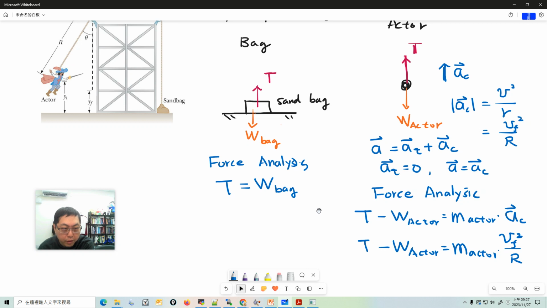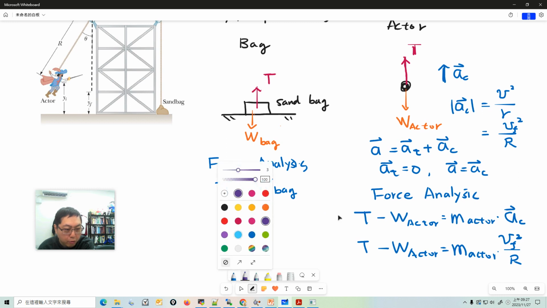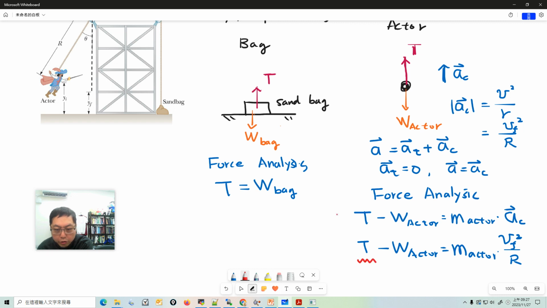So we will find this relationship. The tension has a relationship to the velocity vF.